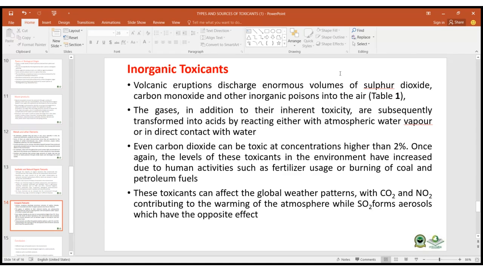Now, the issue of global warming is something that has drawn an international attention. And this global warming is a product of greenhouse effect, and then some of these greenhouse gases that are known to deplete the ozone layer.